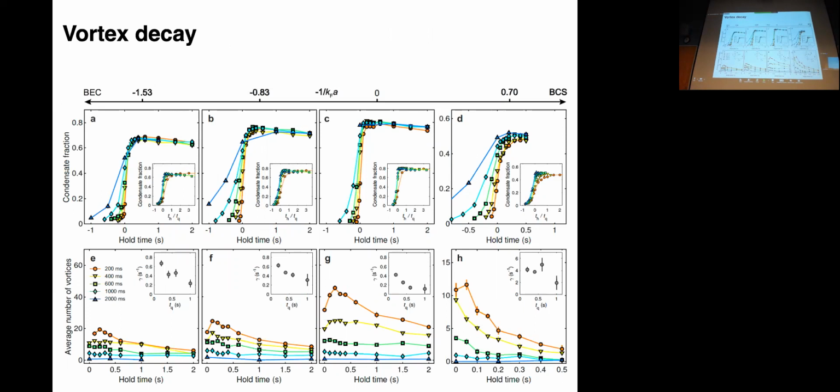When I say the saturation is driven by vortex collisions, it's also supported by our observations of the evolution of the vortex number as a function of the lifetime. At very short quench times, with a lot of vortices, we see a very sudden decrease in the vortex number, whereas for long hold times, it's kind of exponential. So this is definitely beyond single body decay.